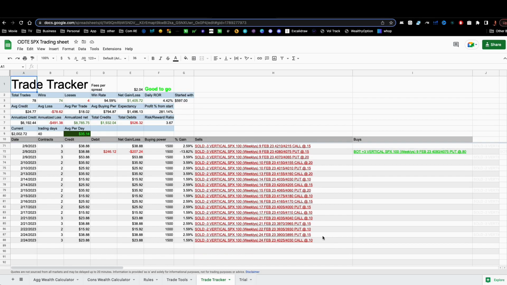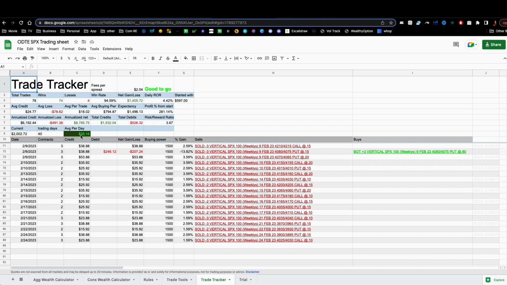And we're basically doing 25-cent iron condors, but we are legging into them at 15 cents and 10 cents. So I'll go over that in just a moment, but that has resulted in an average rate of return of about 4.4% per day. So you can see all the data right here.